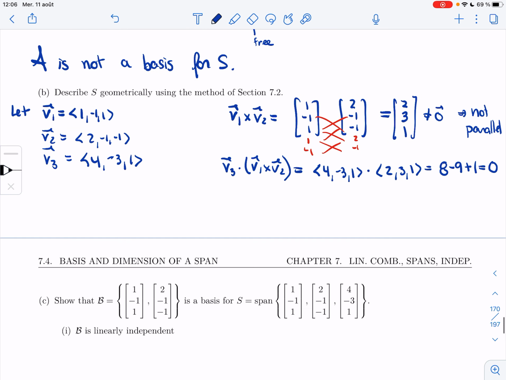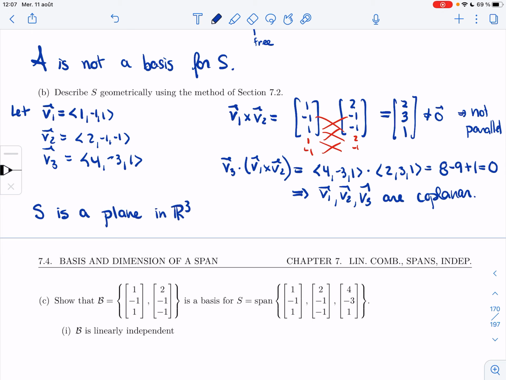So because I get 0, I know that V1, V2, V3 are coplanar. I have coplanar vectors. They're not parallel, so S is a plane in R3. As usual, because it's a span, it contains the origin.